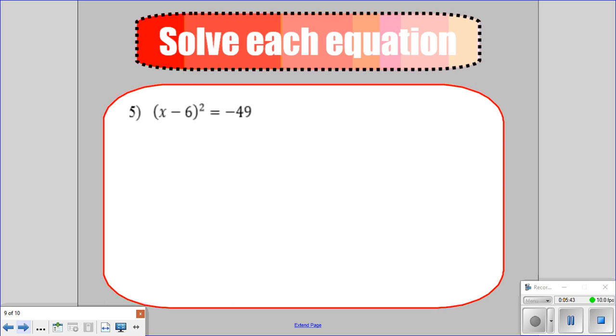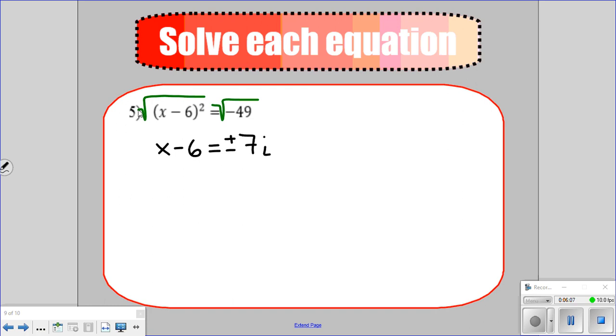Got two more examples here. The first one here, I already have my squared solved for, so I can simply take the square root of both sides. And this is a negative number, so I'm going to have two imaginary roots. So I have x minus 6 equals the positive and negative versions of 7i.